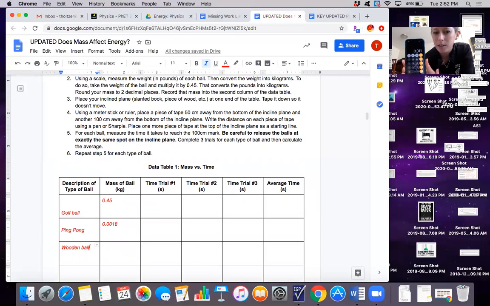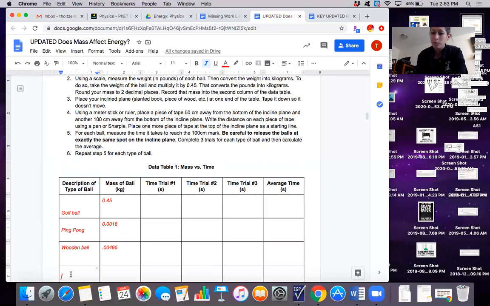How do I turn that into kilograms based on what we did for the golf ball and the ping pong ball? If you said multiply times 0.45, you are correct. And this should be our answer. So I'm going to fill that in for the mass of that, 0.00495.